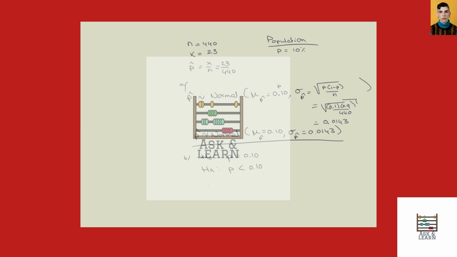And my test statistic then is going to be my sample proportion minus the null hypothesis proportion, divided by the square root, which I just calculated. So minus 0.10 divided by 0.0143, which is the standard deviation for p hat.